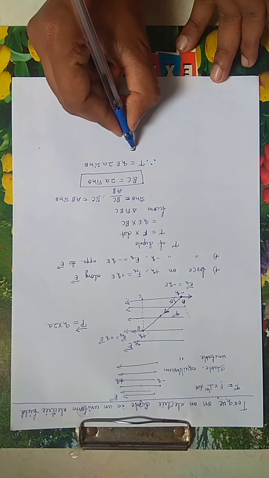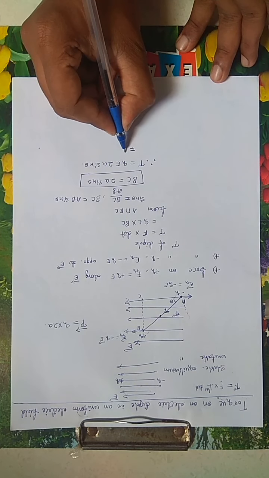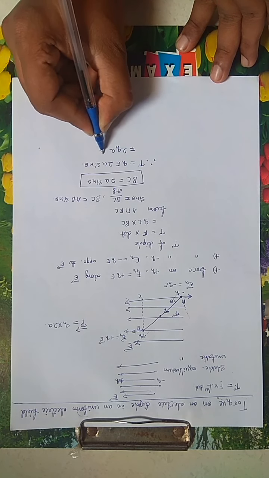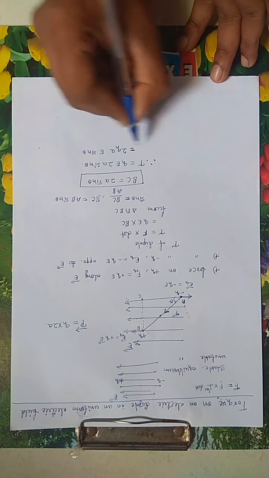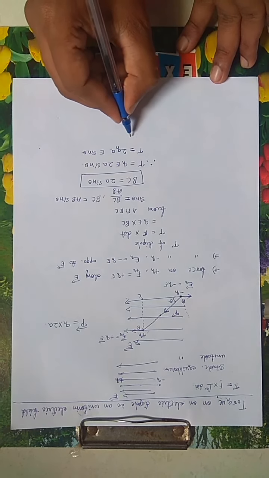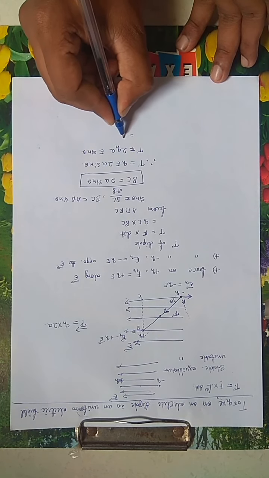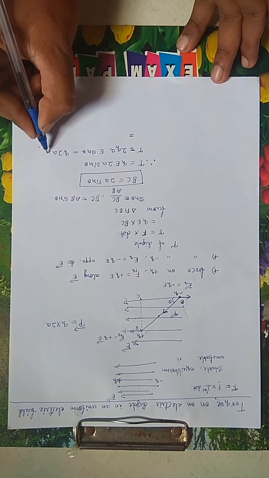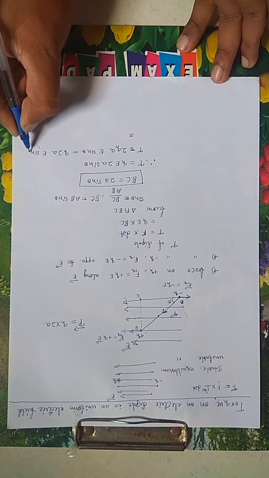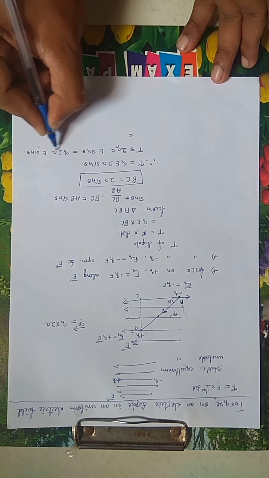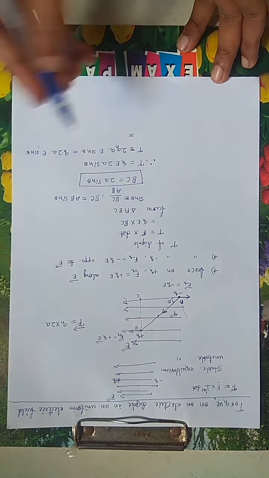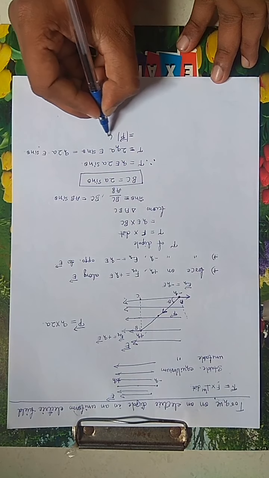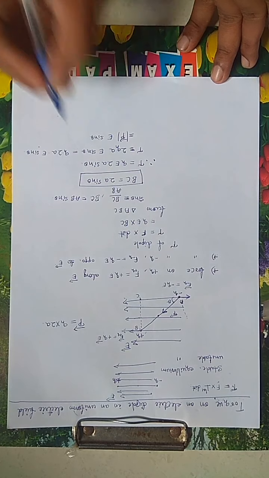Now I will rearrange the formula: 2qa into E sin theta, that is q into 2a into E sin theta. What do you mean by q into 2a? q into 2a is nothing but the magnitude of the dipole moment, into E sin theta.